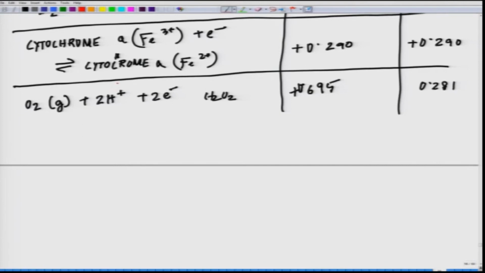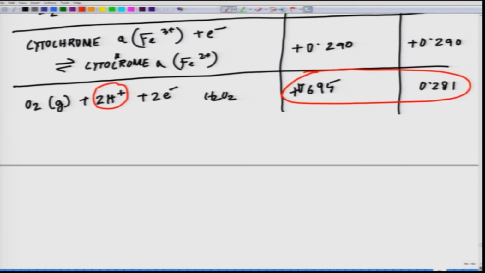Now, here is another example of the difference you could see. Similarly, you can do it for cytochrome c Fe3 plus plus electron to make cytochrome c Fe2 plus, you will see a plus 0.254 volt E0 prime.